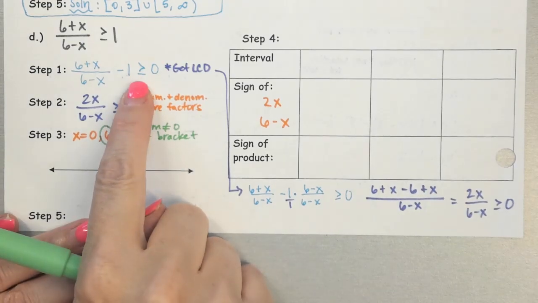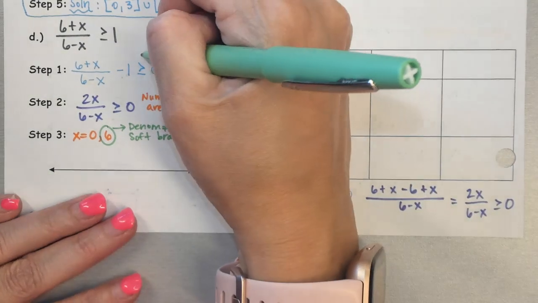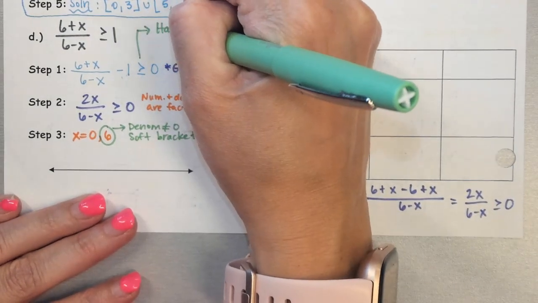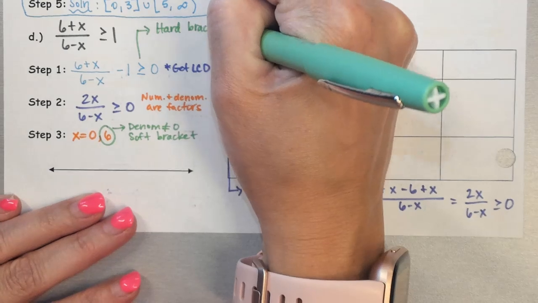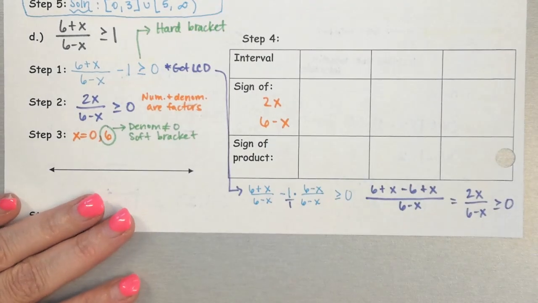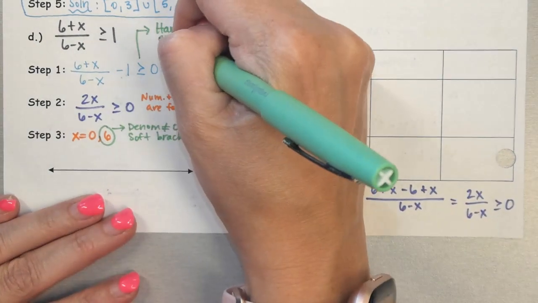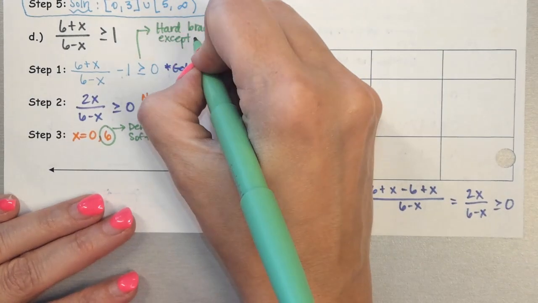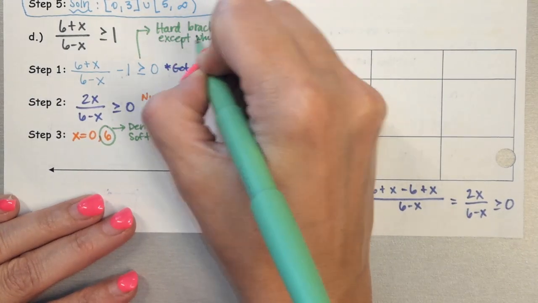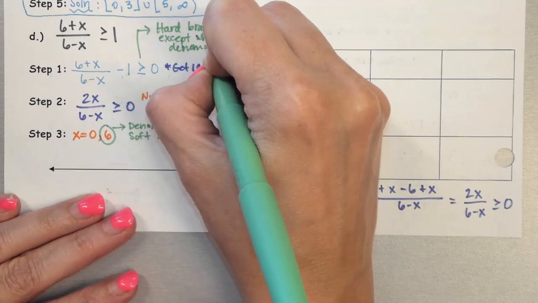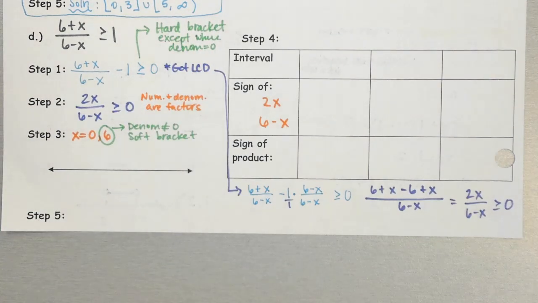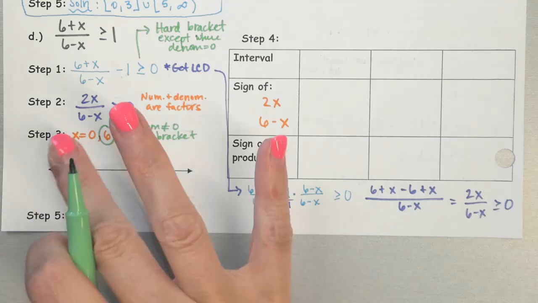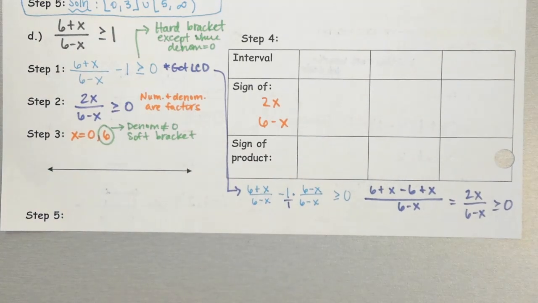Because you have the equal to here, you're going to use a hard bracket for the term that's not in the denominator, except where the denominator equals 0. If it was just a greater than, you wouldn't have to worry about that. But because of this equal to here, we're going to be using a hard bracket and then a soft bracket.